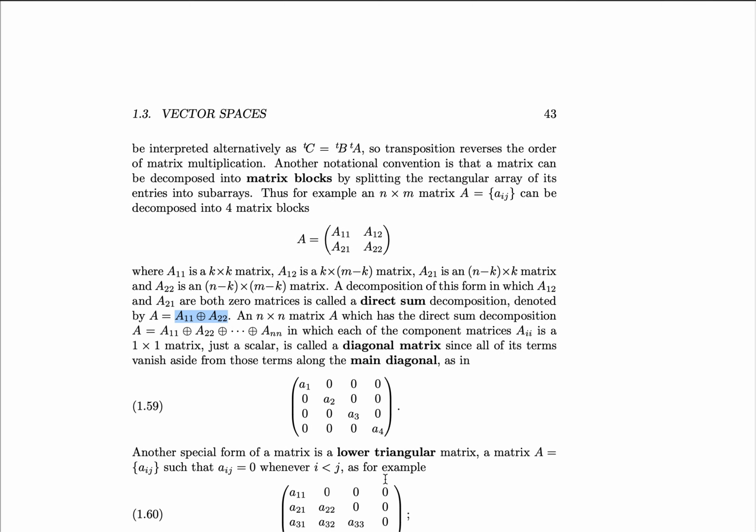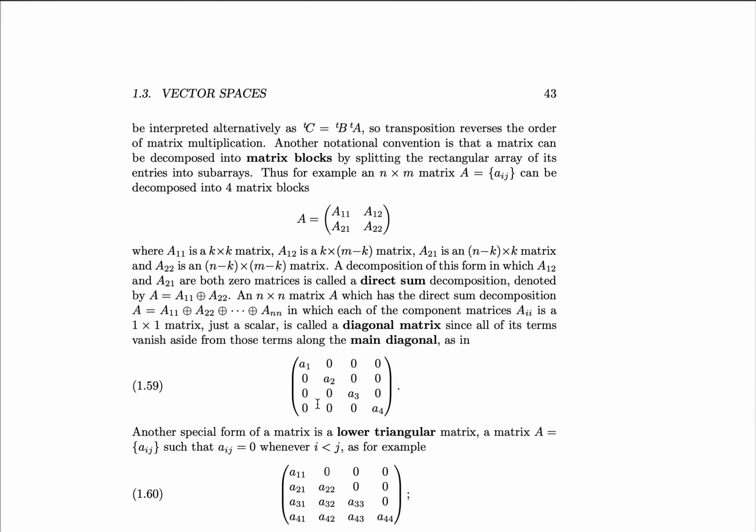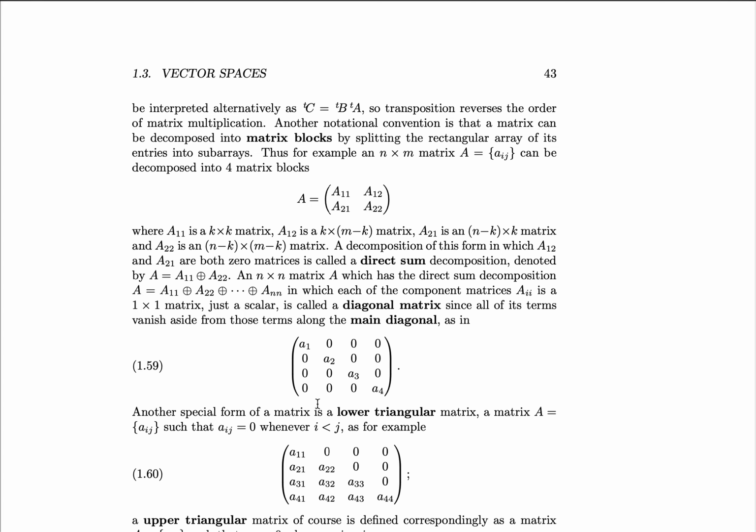If you have this case, namely that an n by n matrix can be decomposed by direct sum decomposition into up to n blocks, in which each of the component matrices, Aii, is a 1 by 1 matrix, you call this a diagonal matrix, since all of its terms vanish aside from those along the main diagonal. This is shown here. There's also another one that comes visually, where you have a triangular matrix.